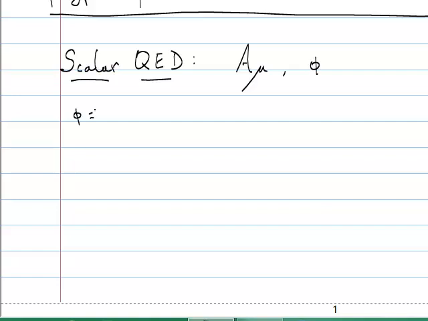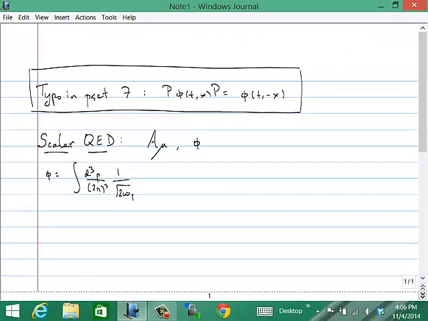And in the free theory, that is to say in the limit where the electric charge is very small so that the electrons and positrons don't interact with the photons, we can just expand everything in terms of raising and lowering operators as usual. The operator phi is the operator which creates a positron or destroys an electron.